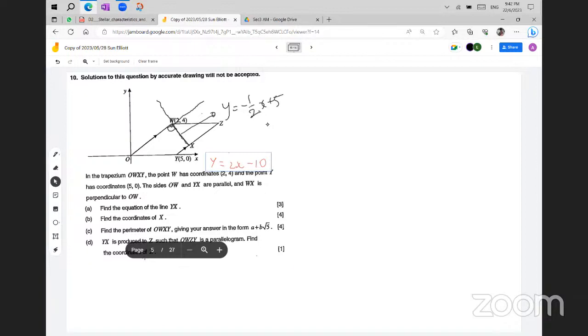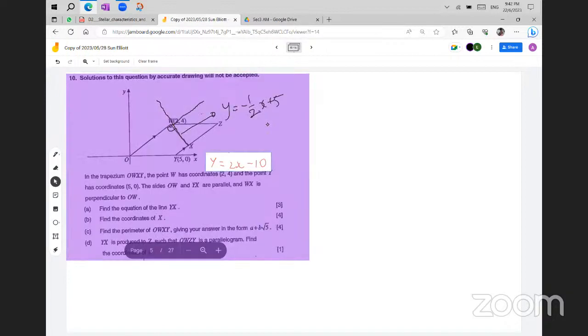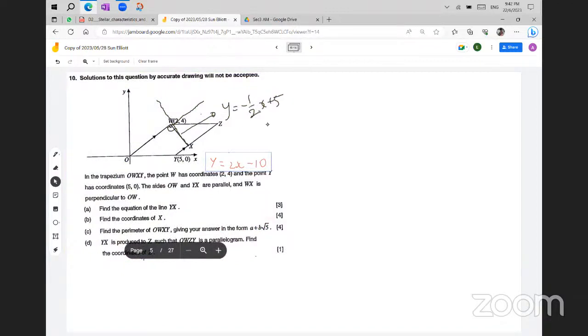We'll have to use OW, which we know is (2, 4) and (0, 0).